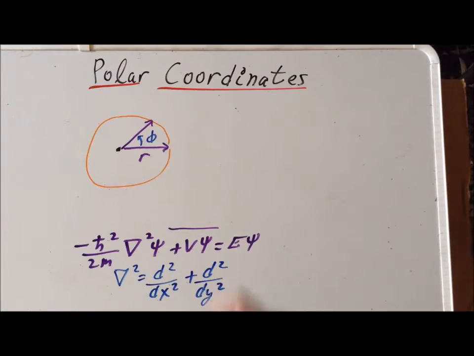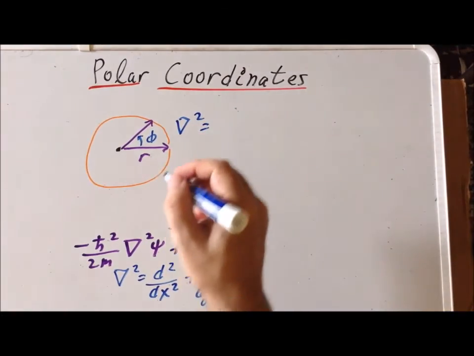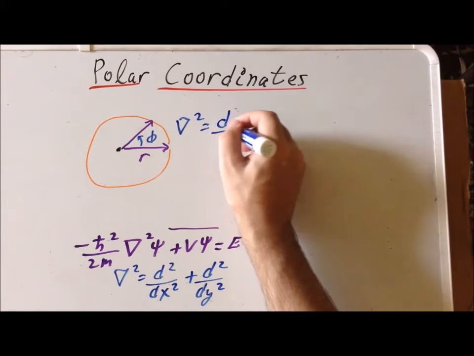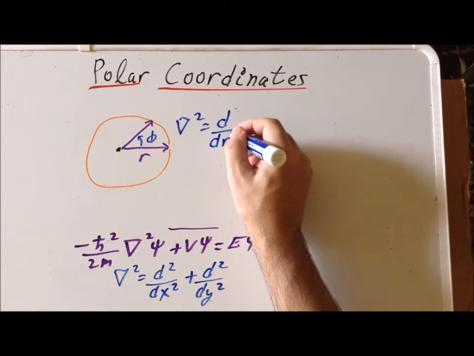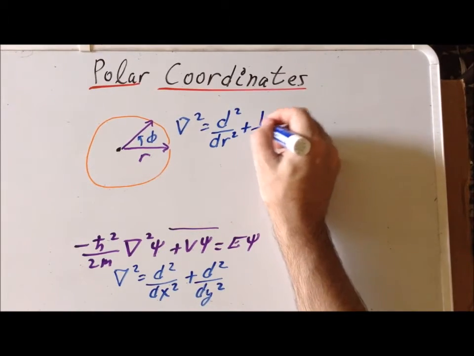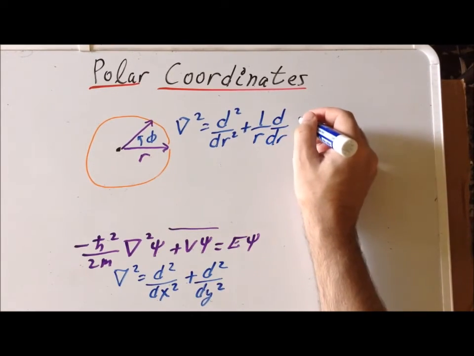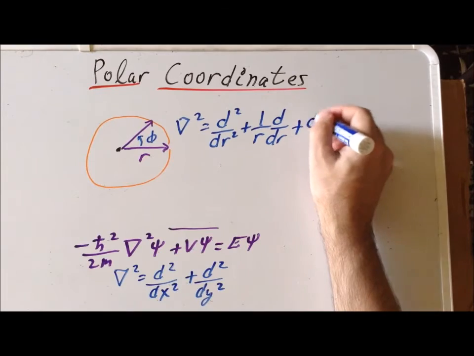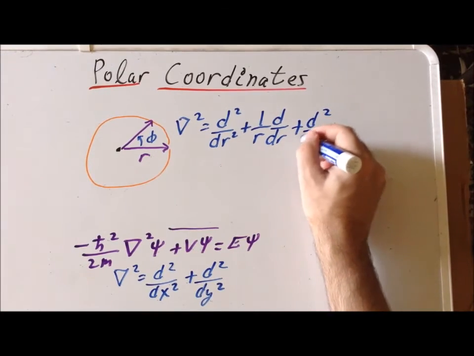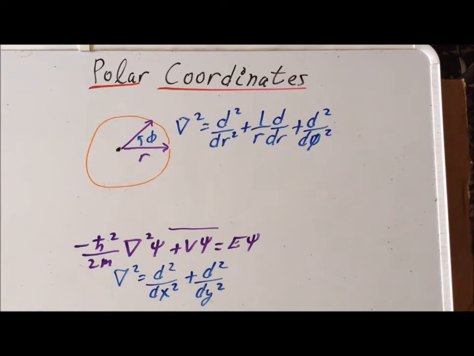Del squared in polar coordinates is going to be equal to the second derivative with respect to r plus 1 over r times the first derivative with respect to r plus the second derivative with respect to phi. So this is the form that we're going to need for problems in quantum mechanics for which we're going to use polar coordinates.